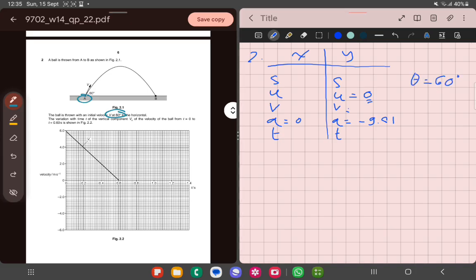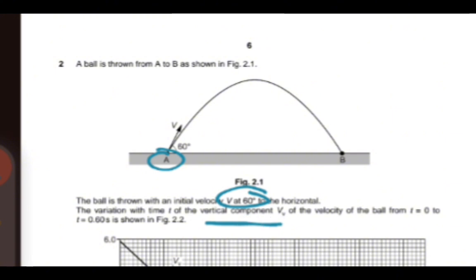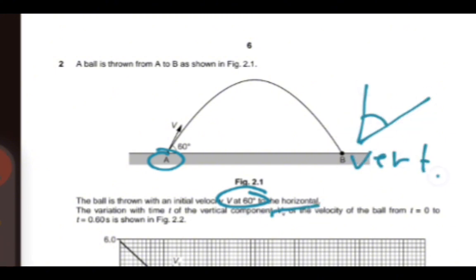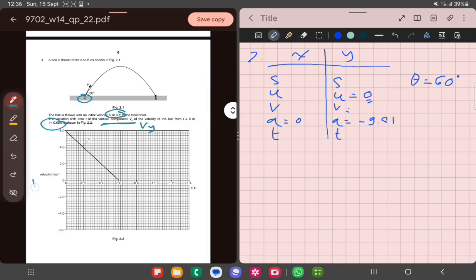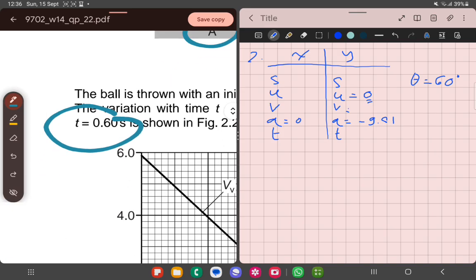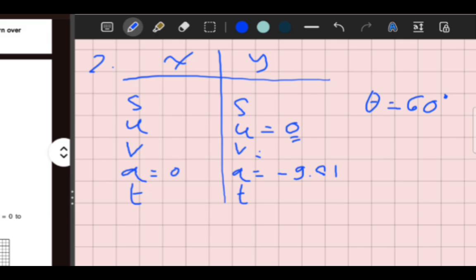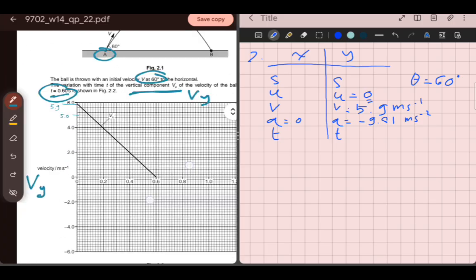It is said that v is at 60 degrees to the horizontal. It is also stated that there is the vertical component, which indicates that it is the velocity in the y direction. And from the graph, we can see that the velocity is 5.9 meters per second. Now, as for the time, it is given that it is 0.6 seconds.